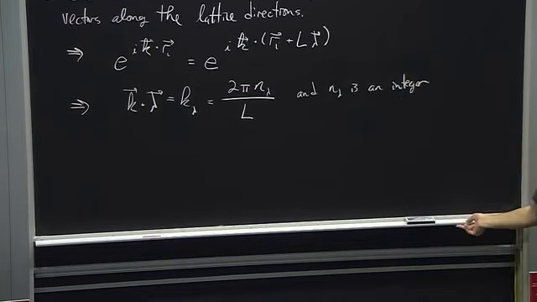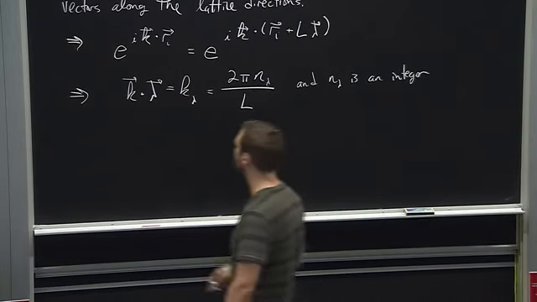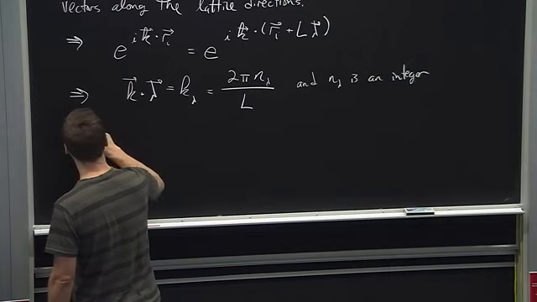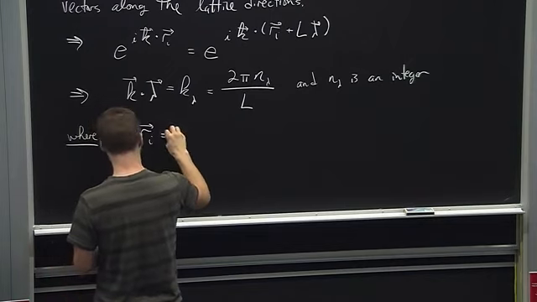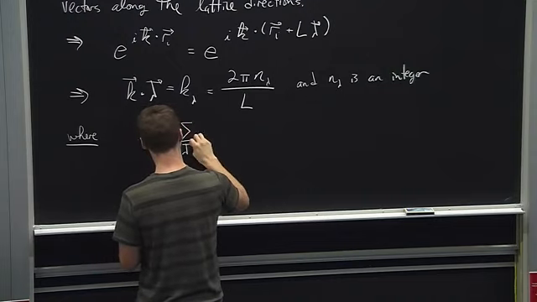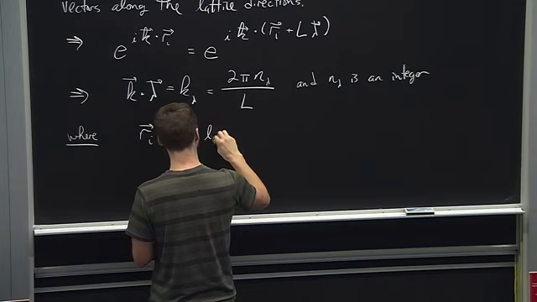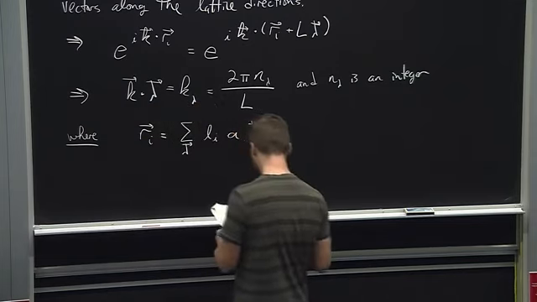Okay, so it's basically defining your lattice in K space, where, remember, in position space, your R vector is a sum over all those unit vector directions. And I'll introduce A here.